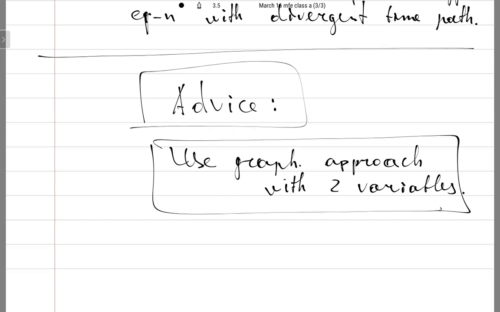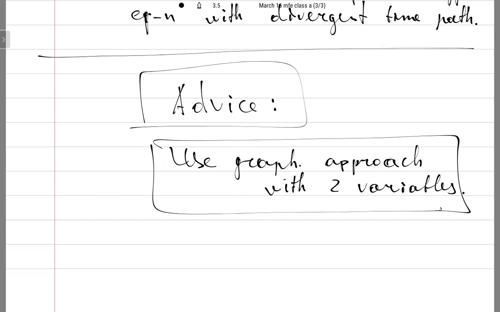My strong advice: always use graphical approach with two variables. Even if you have an explicit requirement to use the Lagrange multiplier method, just go with graphical approach.